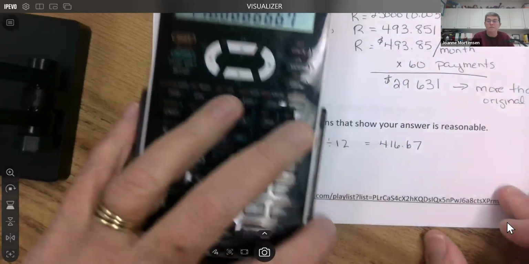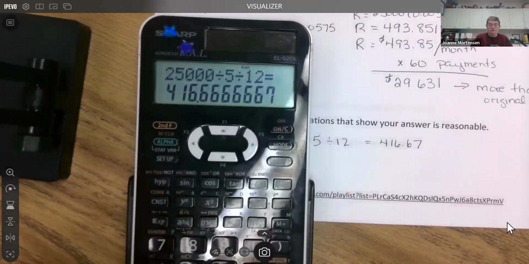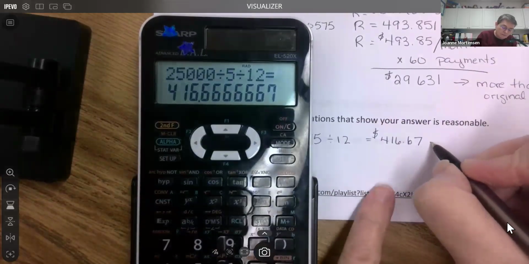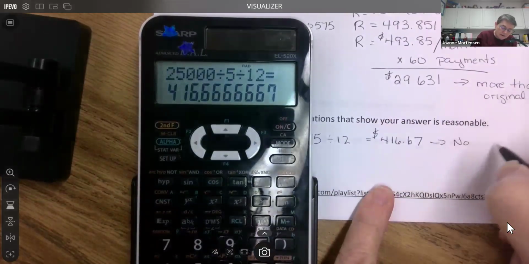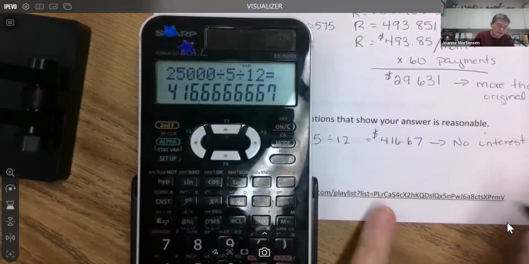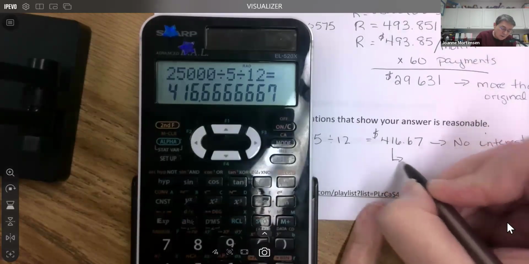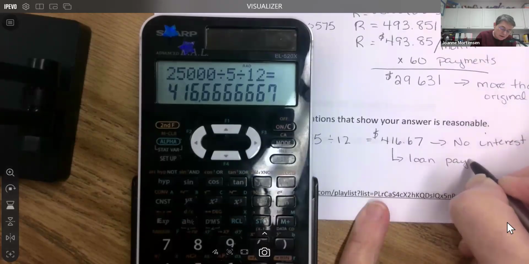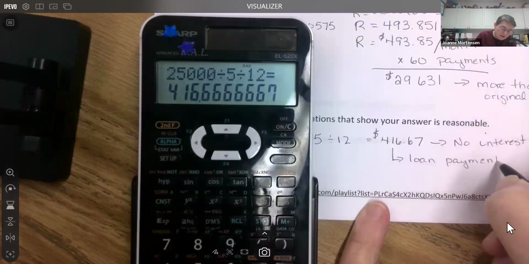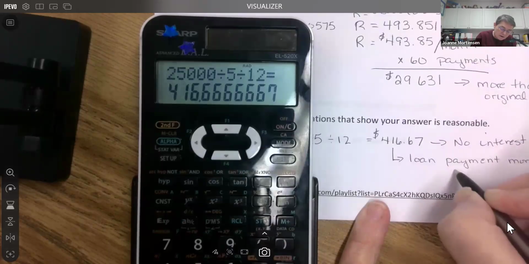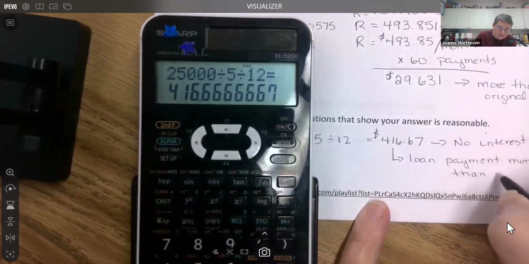It's 6 repeating, but whoop, there we go. Okay, that's what I would pay if I didn't have to pay interest. So my loan payment has to be more than this.